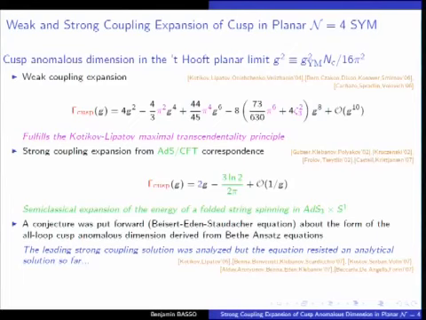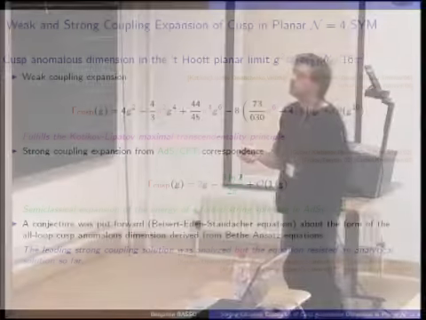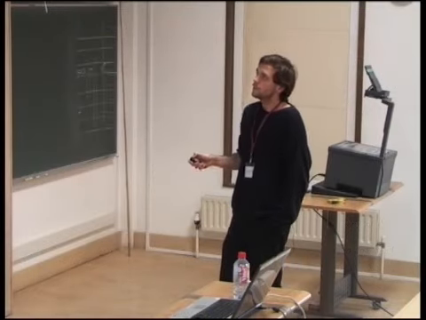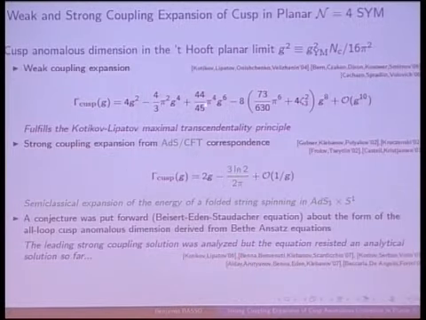The 3 loop result was obtained by Kotikov, Lipatov, Onishchenko and Velizhanin, starting from an explicit QCD computation and making use of the transcendentality principle to select the right contribution in N=4. Then the computation by Bern et al. permitted us to obtain the 4 loop result presented here.